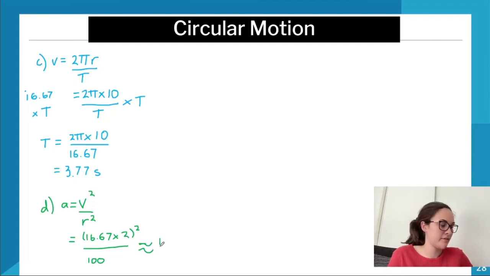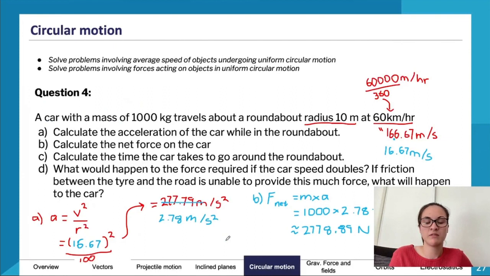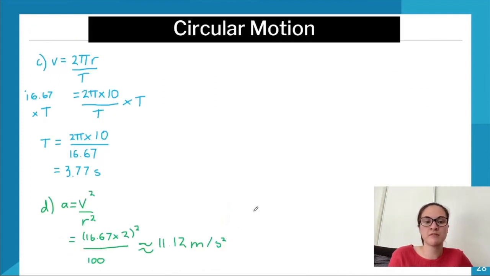Alright, that gives us 11.12 meters per second squared. And we can compare that to the last one. So it's significantly a higher rate than the previous acceleration when velocity gets doubled. Now let's see what happens to the force.